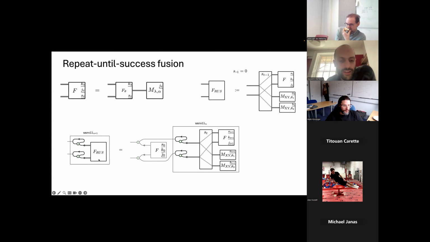And then they go inside this fusion repeat until success protocol. So, and that's the first unrolling, right? So you will try to fuse the emitted photons. And then if it doesn't succeed, you will emit another photon and then try to fuse them again, and so on.